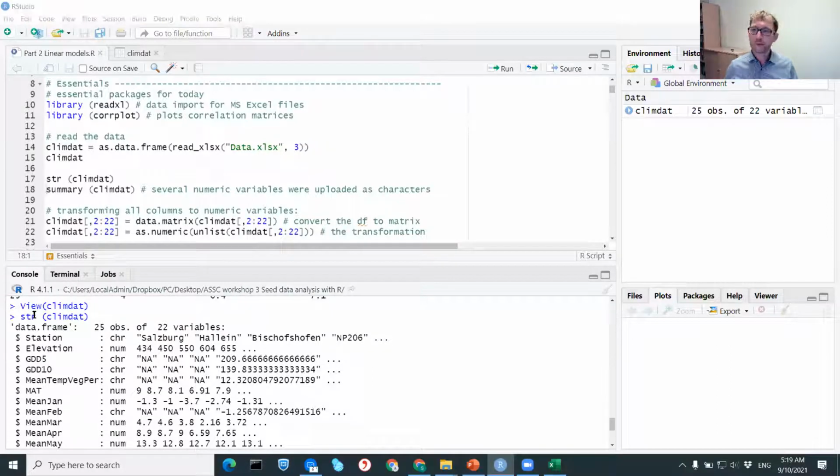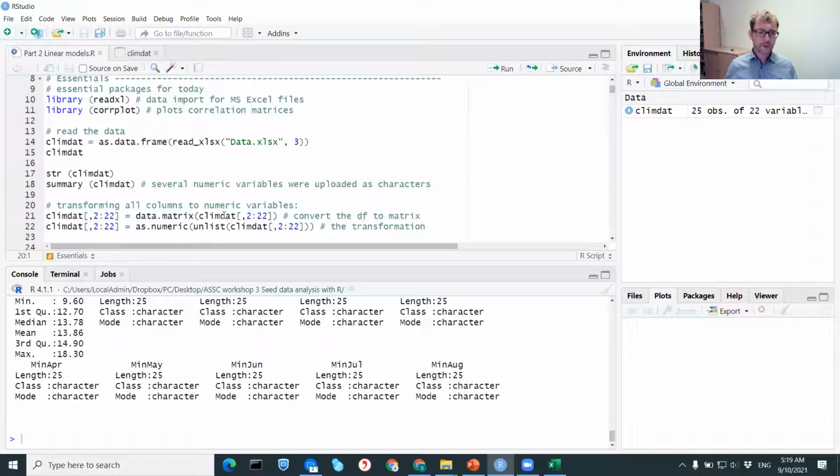Here you can see how this function imported the data into the R environment. You can see that some variables, like the grow degree days, were recognized as characters, so basically letters. And this is what we don't want, because those are numbers, right?